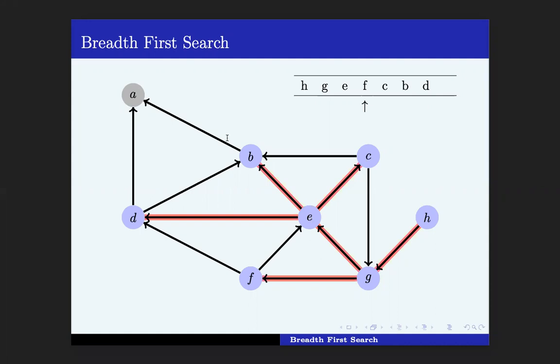Somebody was asking me to repeat this one. Think of it: E and F are at level 2. I've taken the first element of level 2, which is E, and noted down all its unvisited neighbors. They are at level 3.